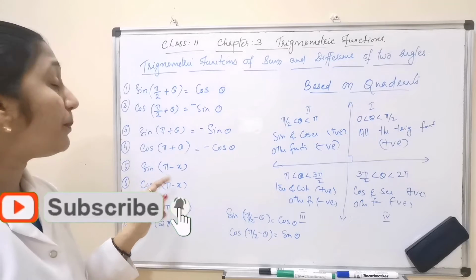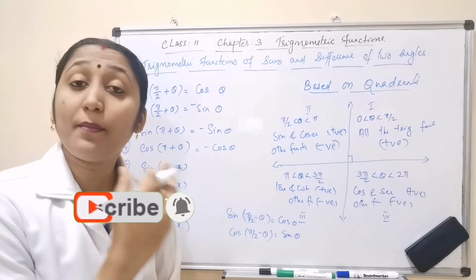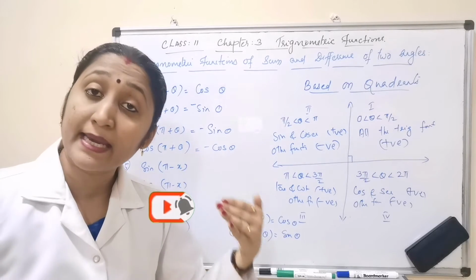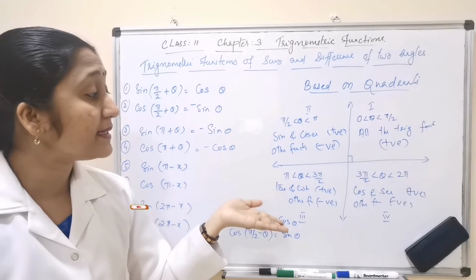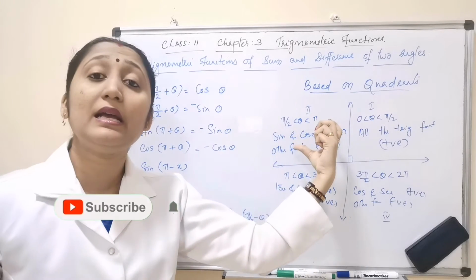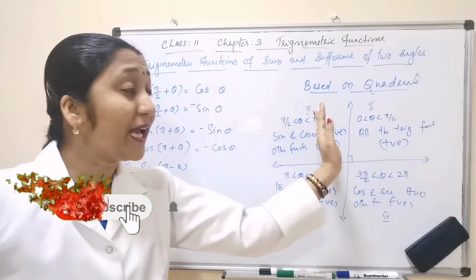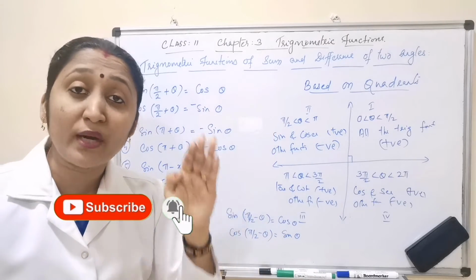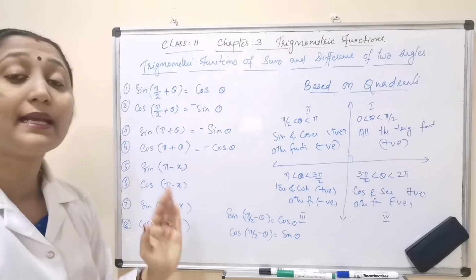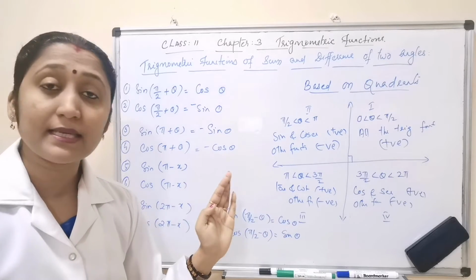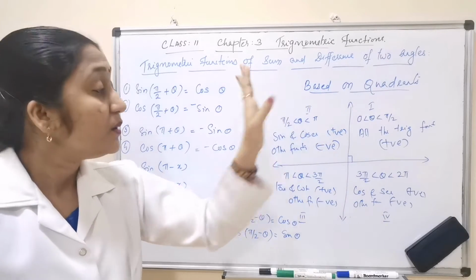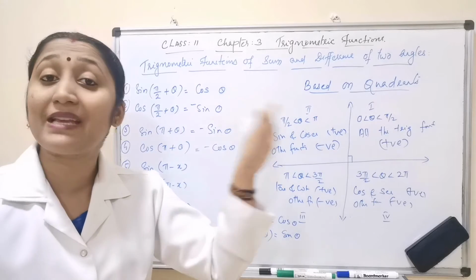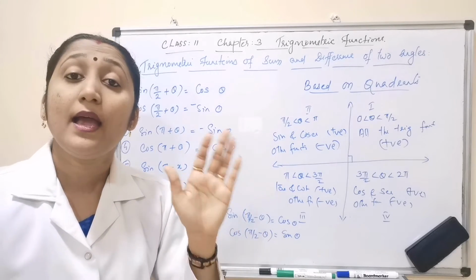Next, pi minus x. Pi minus x means 180 minus x. So 180 minus x lies in the second quadrant, that means up to 180. So 180 minus theta is also in the second quadrant. In the second quadrant sin and cosec will be positive, but cos is negative.